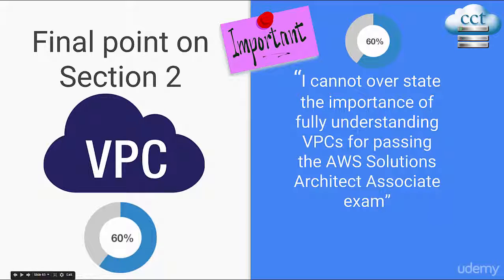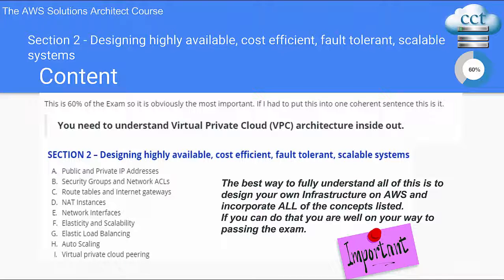And I'll just bring up what we've gone through. I'll just jump back a few slides. And yes, what I stated at the beginning before we started on our journey through the VPC is the best way to fully understand it is to design your own infrastructure on AWS and incorporate all of the concepts listed.